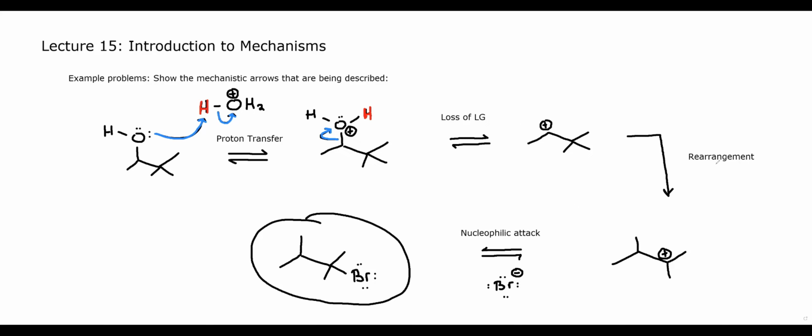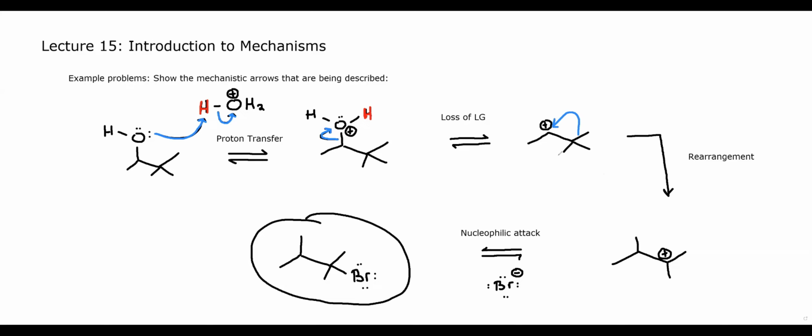Now at this position, it says a rearrangement occurs. And if we peek down here at our product, it looks like a methyl group is shifting over one position to stabilize that carbocation. So let's draw a 1,2 methyl shift. Now it's a methyl group because that's all we have here, right? We have 1, 2, 3 methyl groups attached to that carbon.